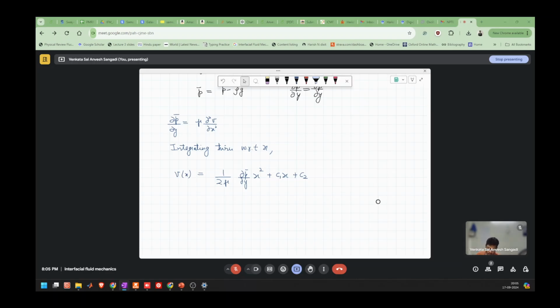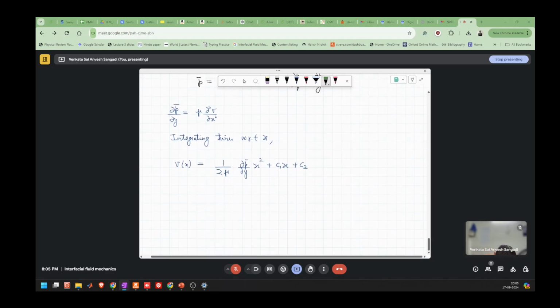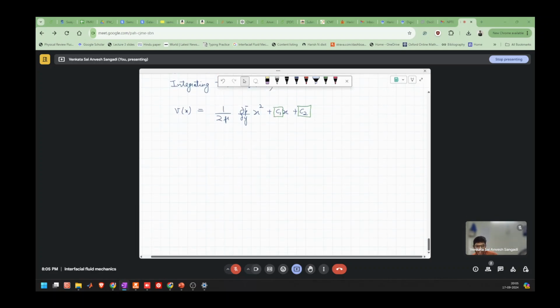So we need to find out the two constants of integration, c1 and c2.